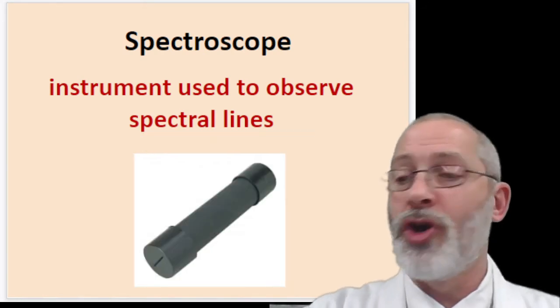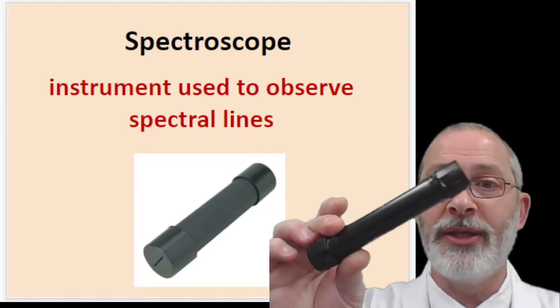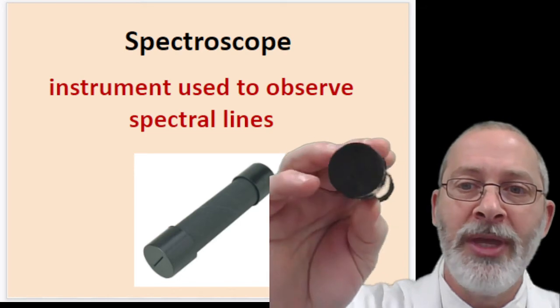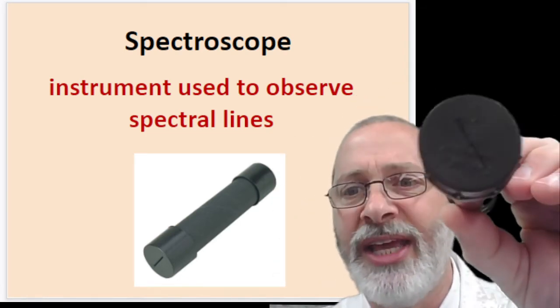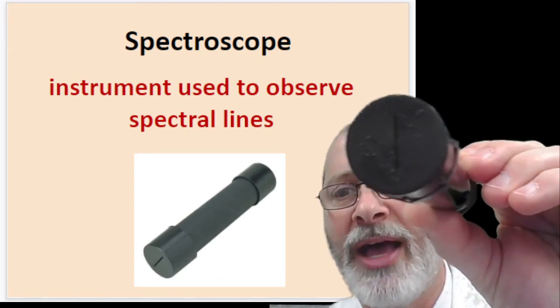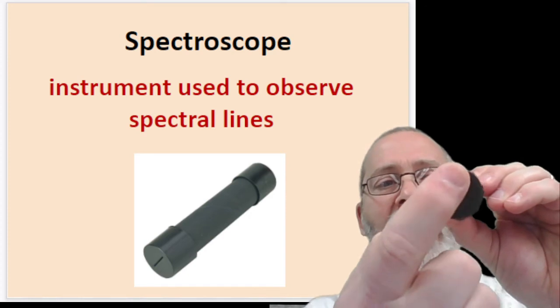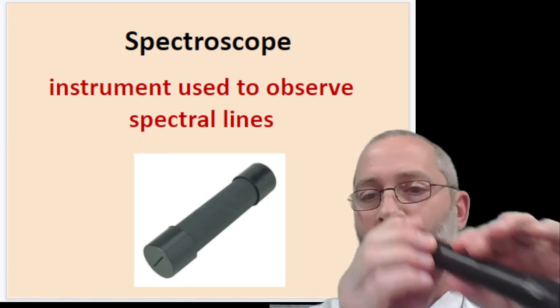The spectroscopes that we will be using tomorrow look like this, just like the picture shows. And on one side of the spectroscope, I don't know if you can see this all that well, there's a little slit that will be up and down. This side enables the light to be seen with your eyeball.